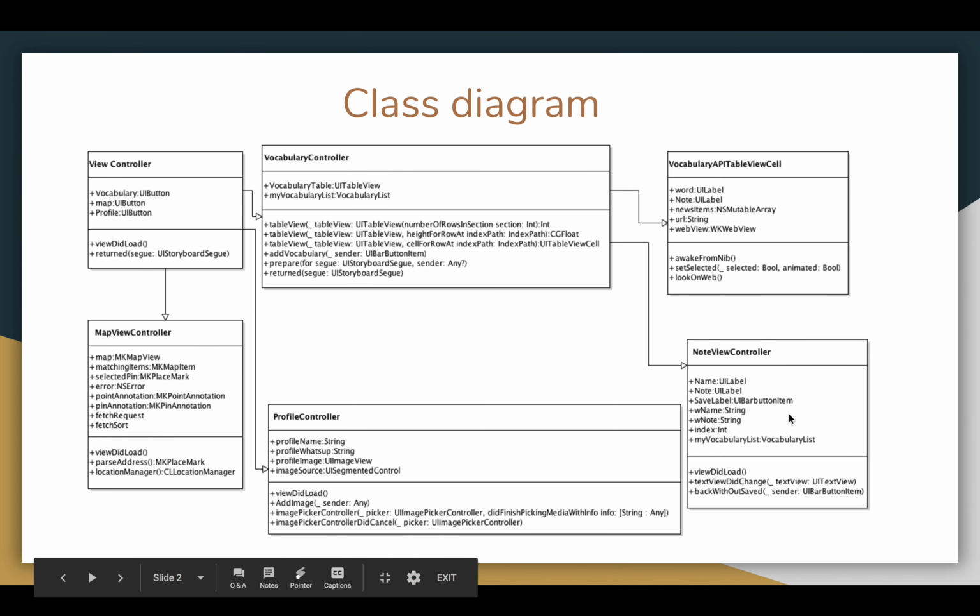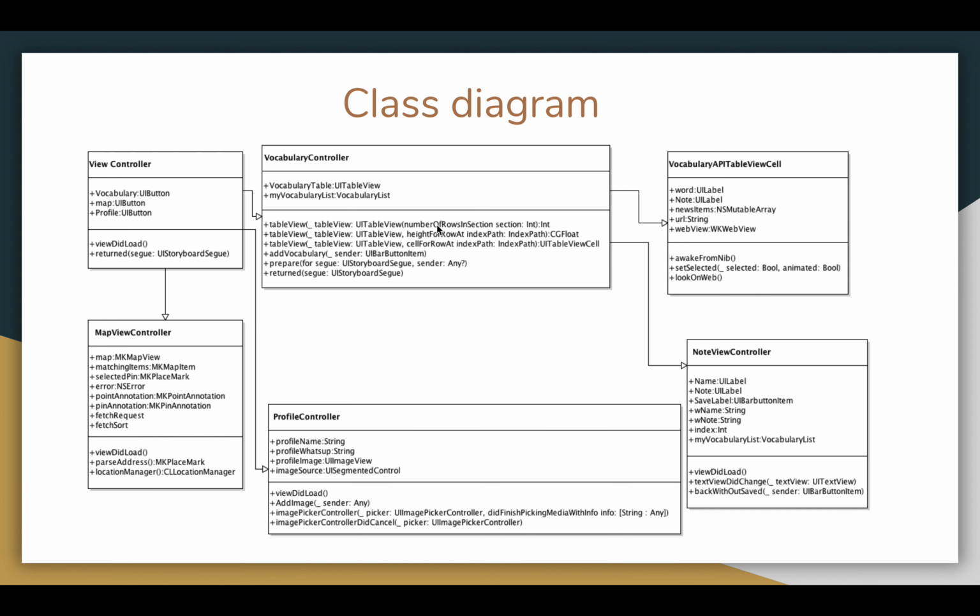This is a class diagram, and as you can see here, this is the main view controller. The main view controller will have some properties like vocabularies, map, profiles.